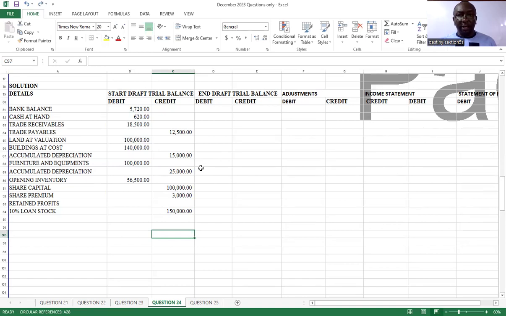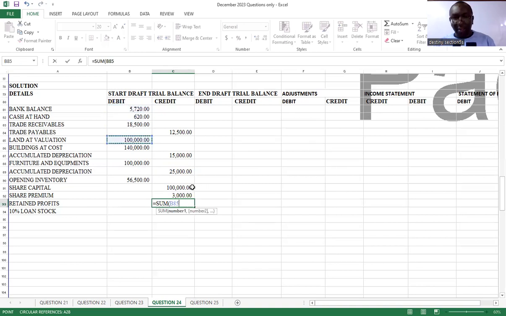The balancing figure here should be equal to the sum of all these, close the brackets, minus this amount here, minus this one, minus this, minus this, minus this, minus this. Enter.